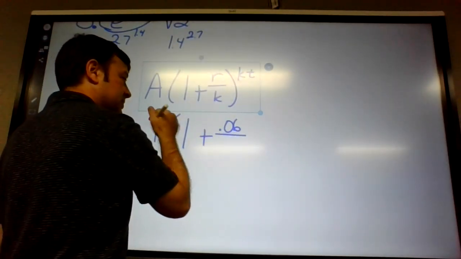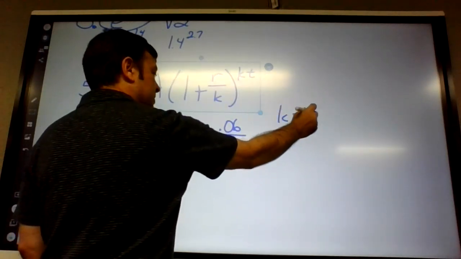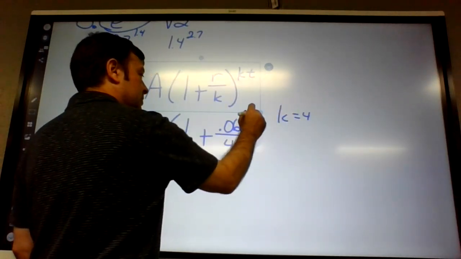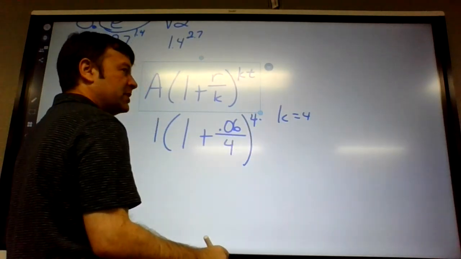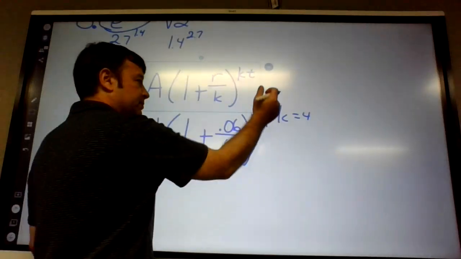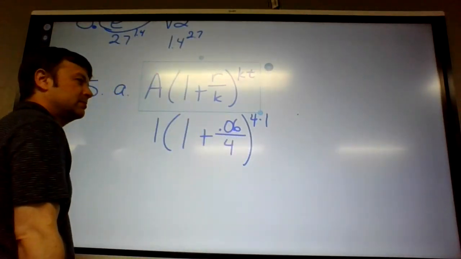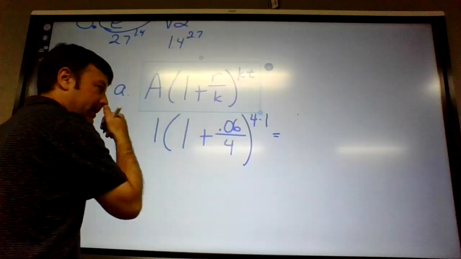And we're compounding quarterly, so that's 4 times a year. Oh, and it said for 1 year also. So 4 times 1. Got it? Clear? Yep. Okay.